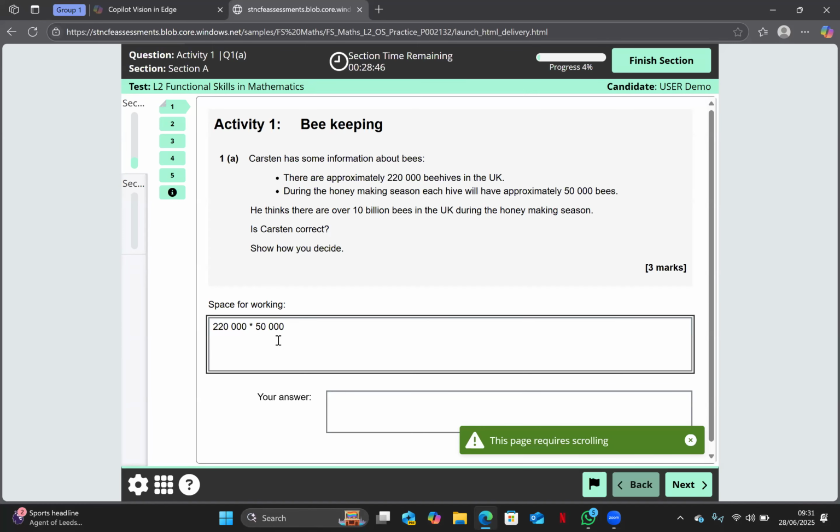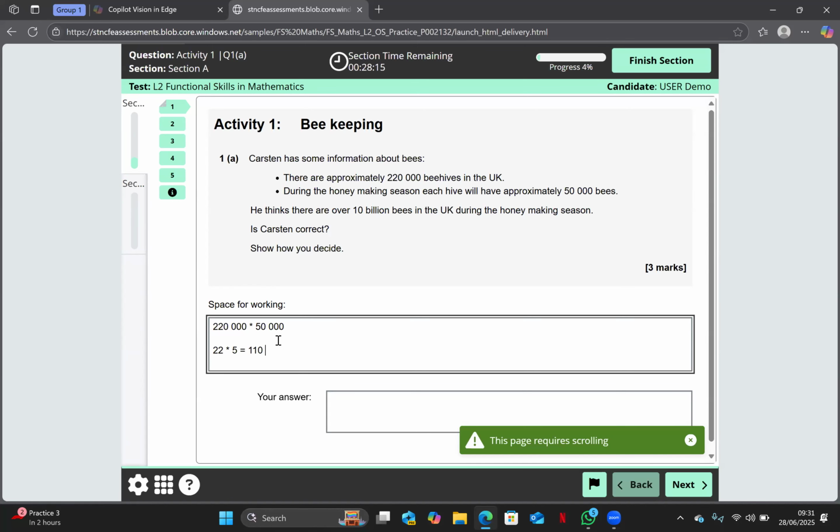What we could do is first work out 22 multiplied by 5, which equals 110. And then we can just add the zeros on.